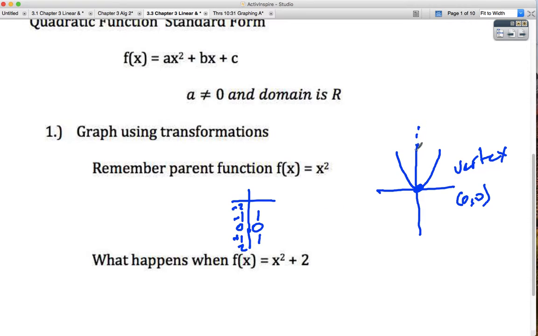So the axis of symmetry here is right down the middle, splits this parabola in half, equal halves. So whatever on this side for its y value will be duplicated on this side for its y value. -1, 1, therefore +1 yields 1. If I put 2 in here, you would get 4.